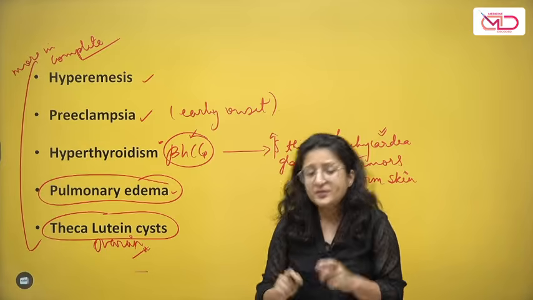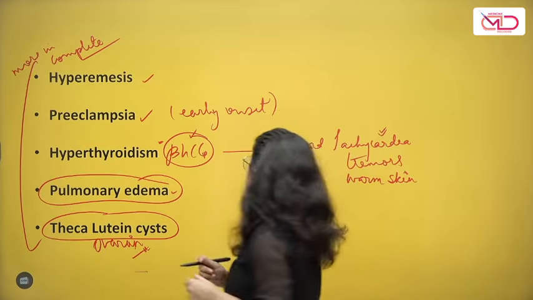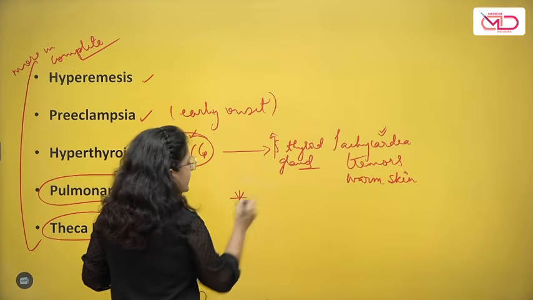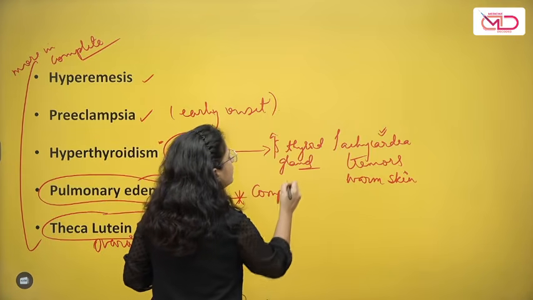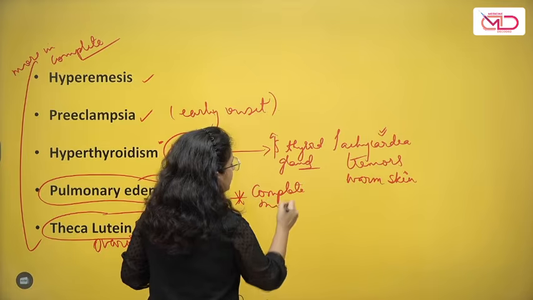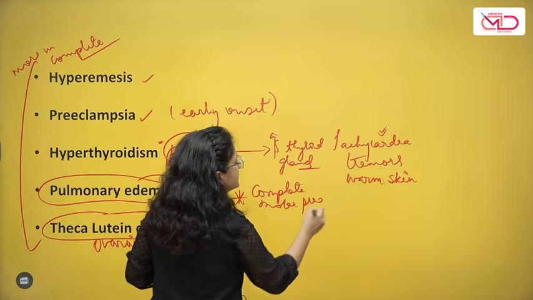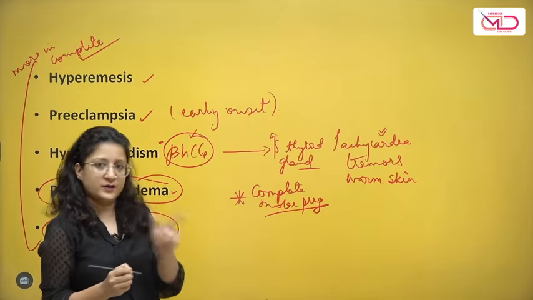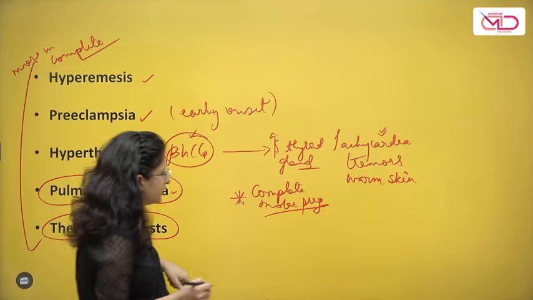ovaries. Right, now other than this, also keep in mind another important dictum I want to give you: if there is a case of complete or any molar pregnancy for that matter, because I'm writing complete molar pregnancy since these medical associations are in any case rare in a case of partial mole. That's why I'm writing complete molar pregnancy.